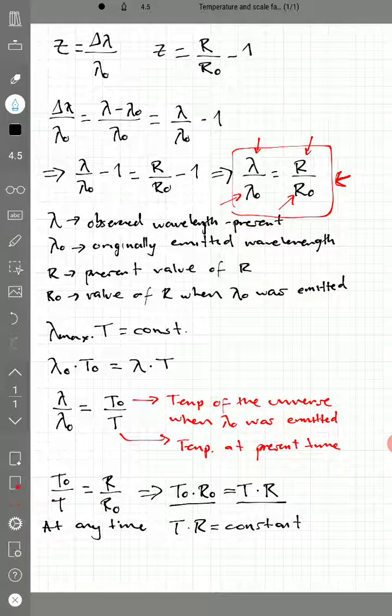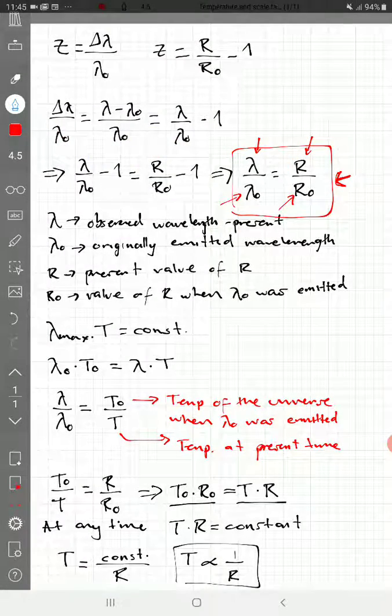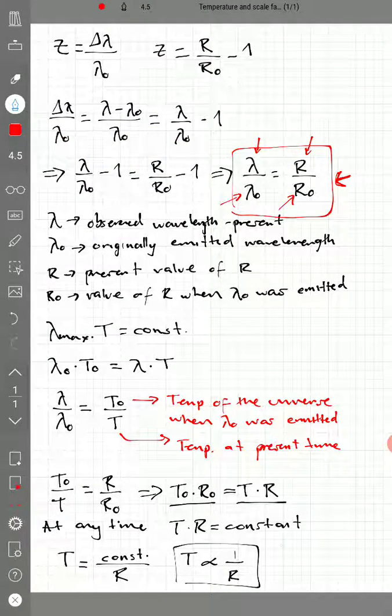And if T times R has remained constant, that means that T is equal to a constant over the scale factor, which means that T is actually proportional to the inverse of the scale factor. And that shouldn't be surprising because what this implies is that when the universe was very hot, then it was very small.